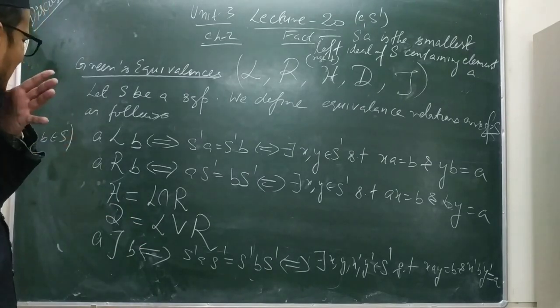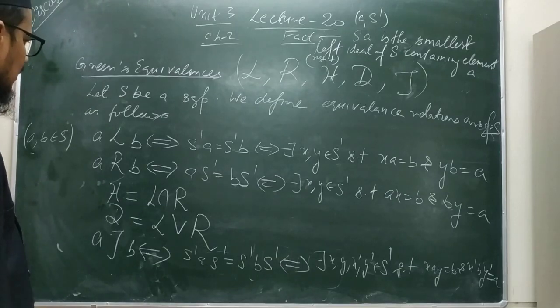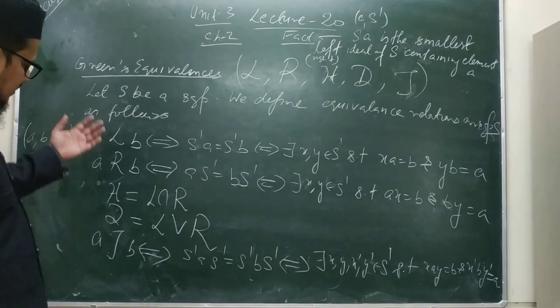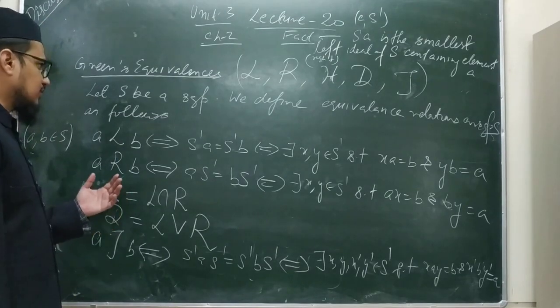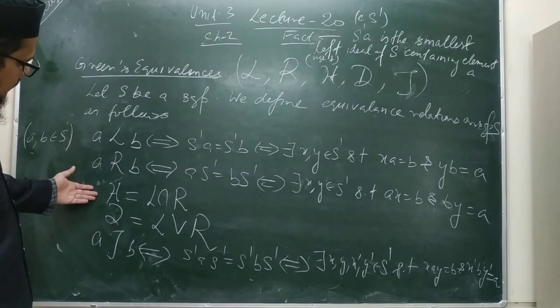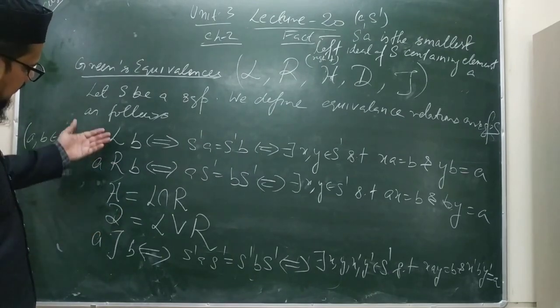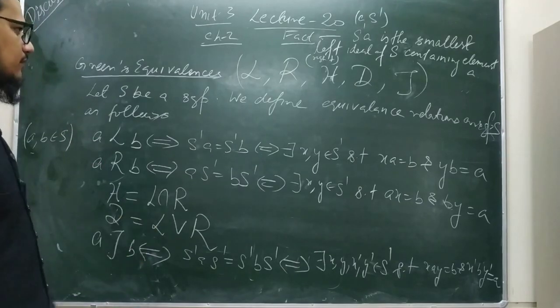Now, if we think about the relation between these, we will see what is the relation between L and H, between L and D, between L and J. We can also see all these things.